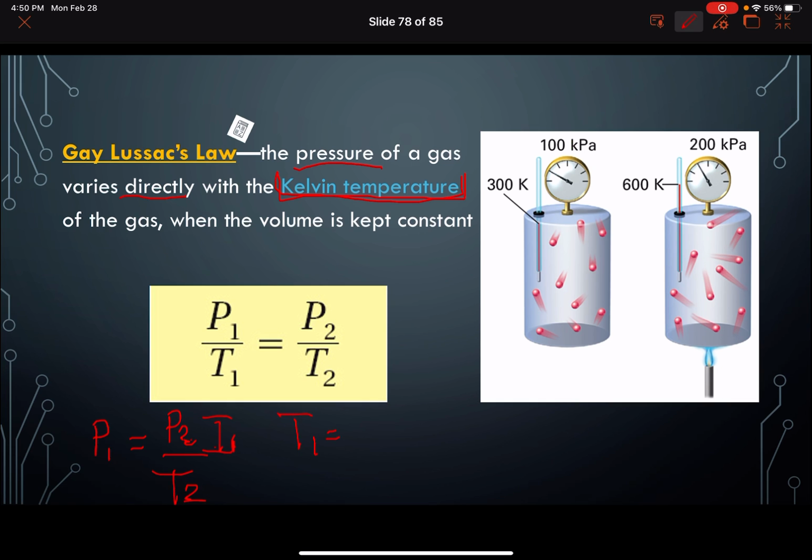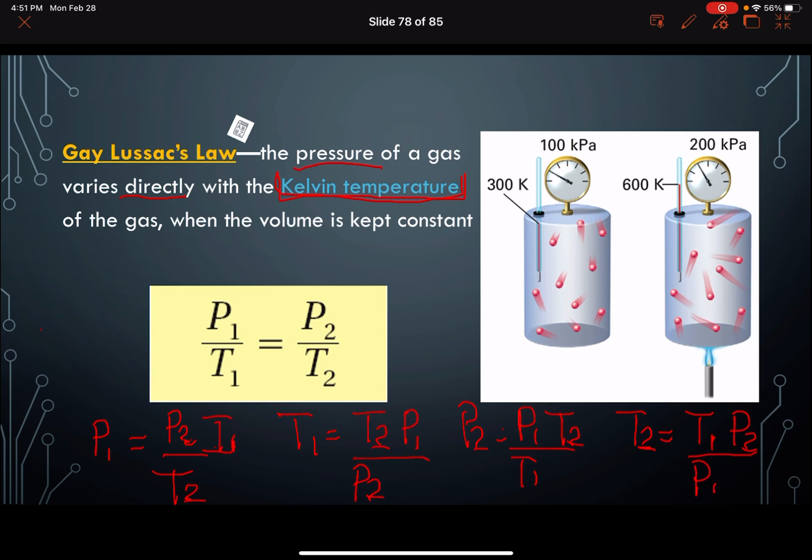Temperature 1 equals T2 over P2, and then pressure 1 goes into the numerator. Pressure 2 equals pressure 1 over temperature 1, times temperature 2. Temperature 2 equals temperature 1 over pressure 1 times pressure 2. So there's all of your formulas.